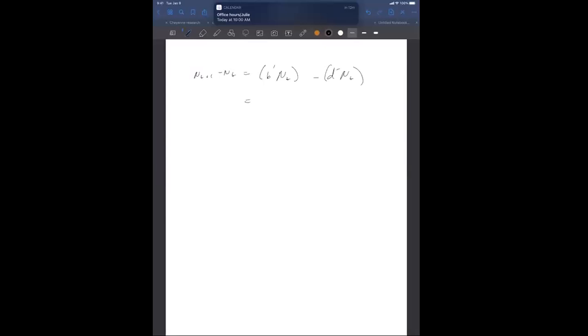This equals, if we plug in what this was, it equals b minus a times N of t, all of this times N of t, minus d plus c times N of t, and all of this times N of t. Okay.